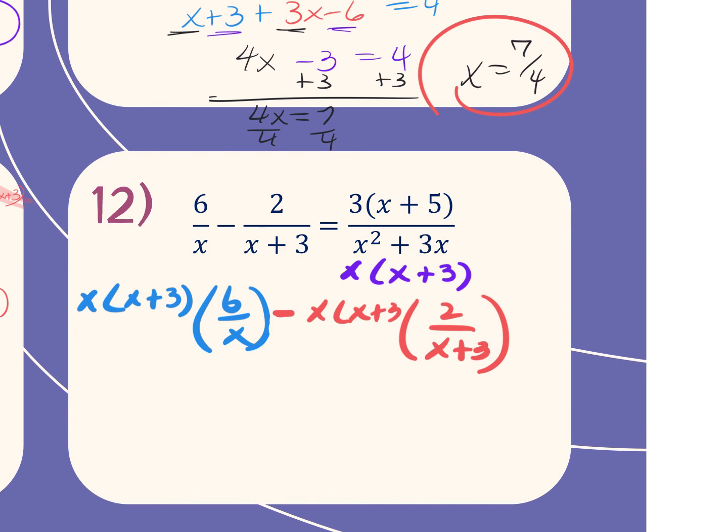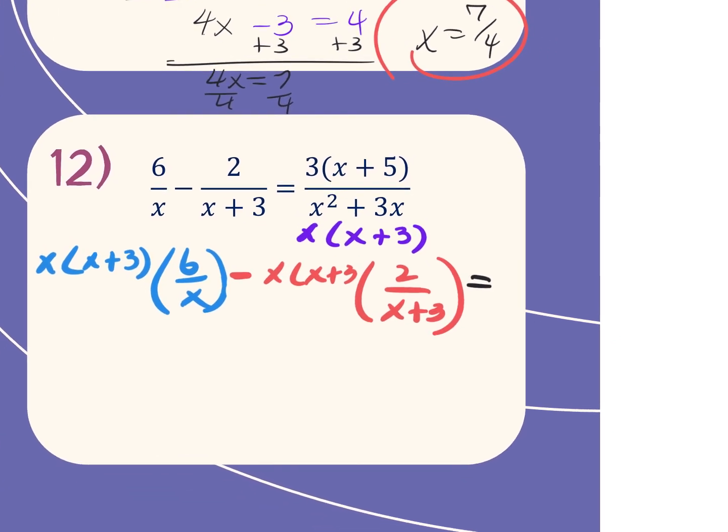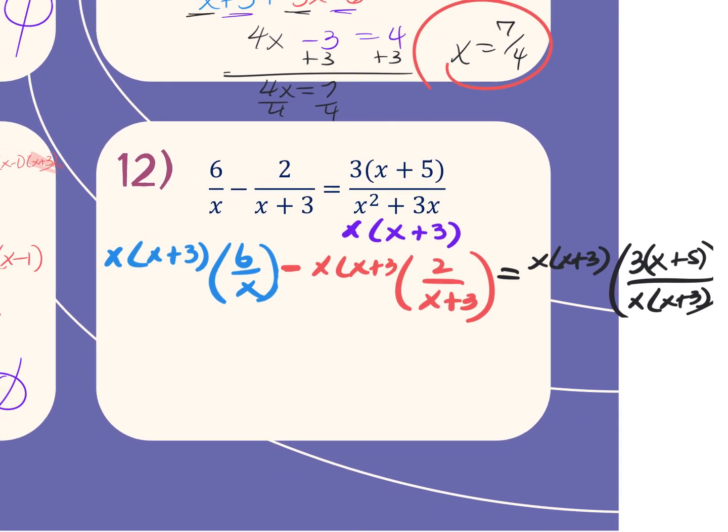And then equals, and then it's going to cancel out. It's the x times the x plus 3 over 3x plus 5 over x times, I'll just put it in the factored form. All right, so for the blue, what's going to cancel is the x.